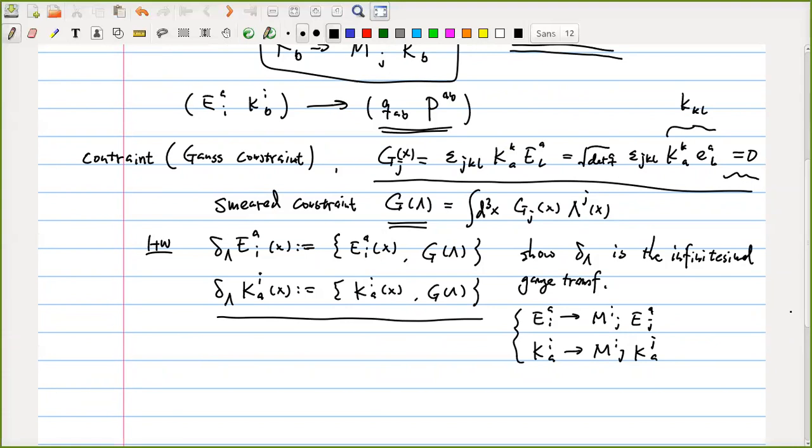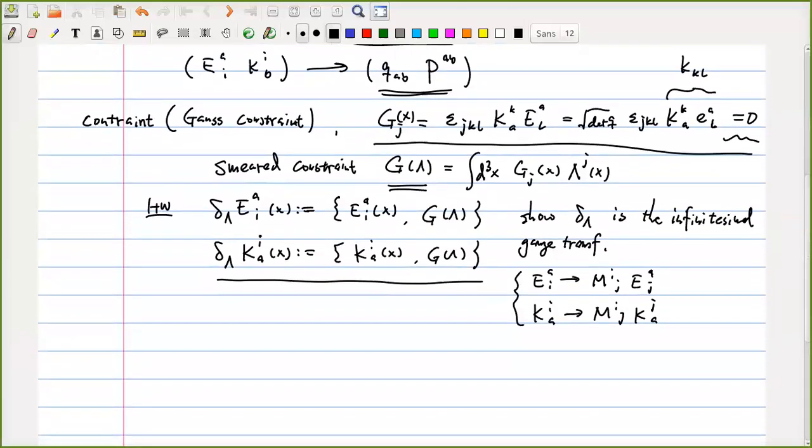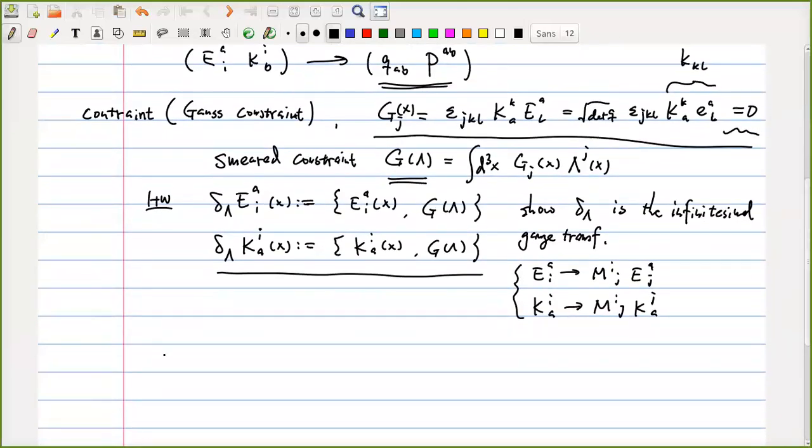The gauge transformation is generated by the constraint. Namely, the Gauss constraint G_j generates this SO(3) gauge transformation.